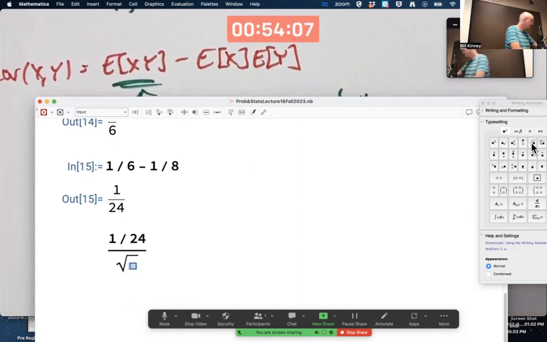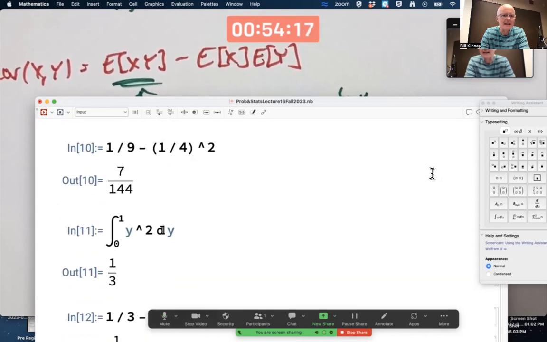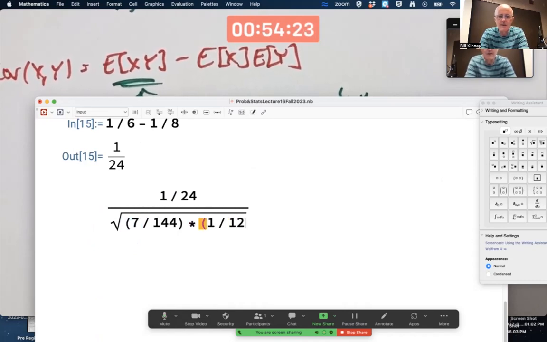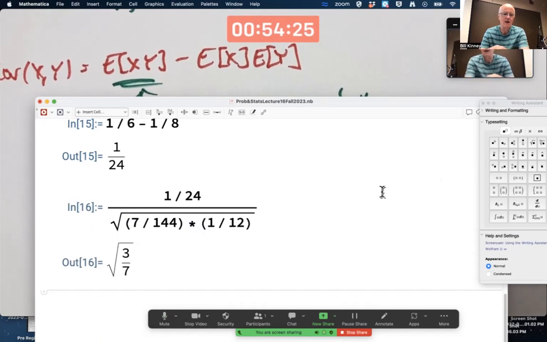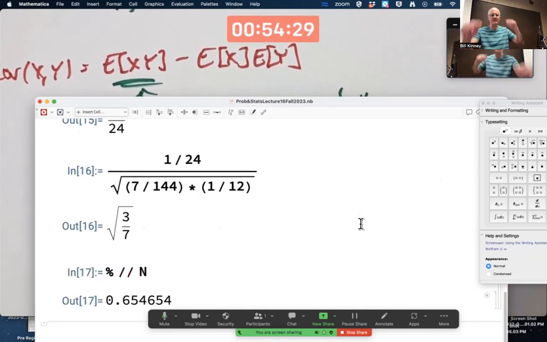It's in the book, page 170. This was what we call rho. I'm forgetting, the variance of x was what? What did we get? 7 over 144. And the variance of y was 1/12. Yep. So the square root of 3/7, which is about 0.655, is the correlation.